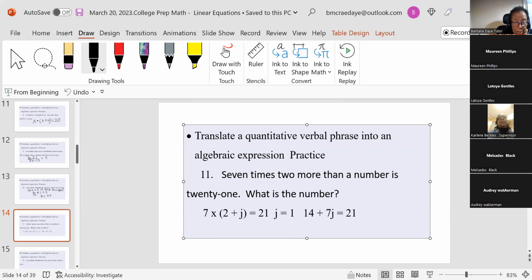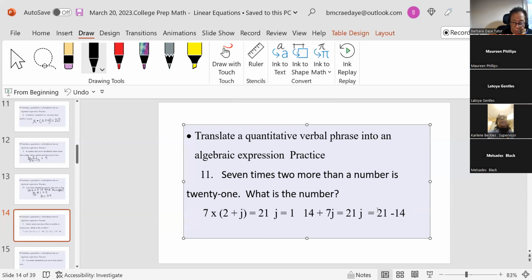So check on both sides. 21 minus 14 divided by 7, right? I'm combining here. J equals 21 minus 14, and it's divided by 7.